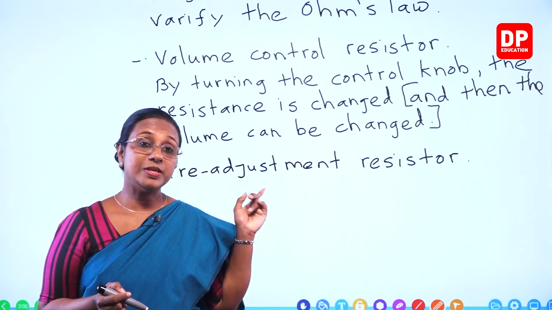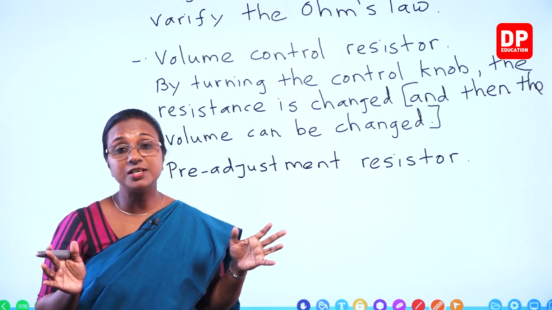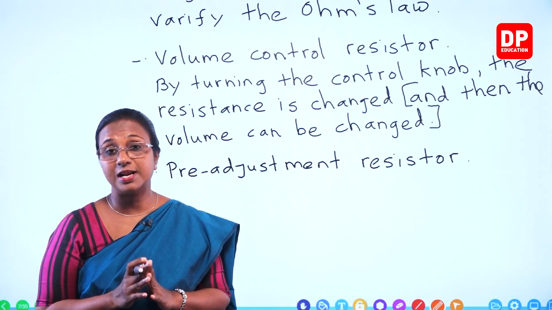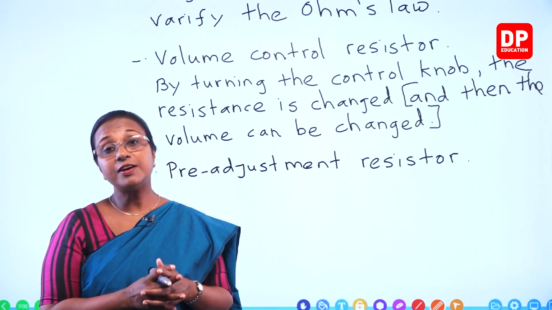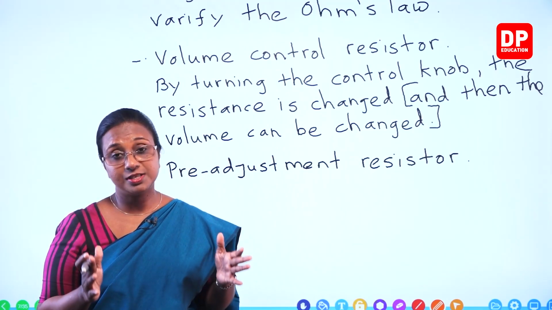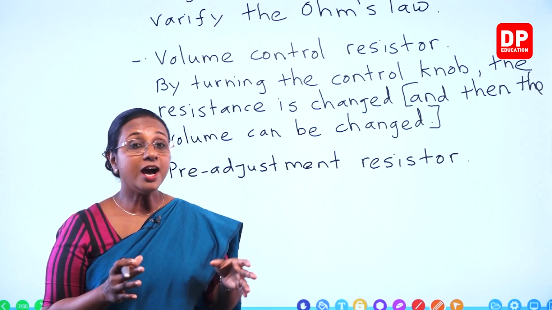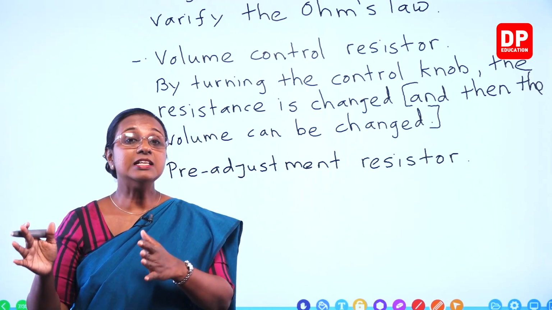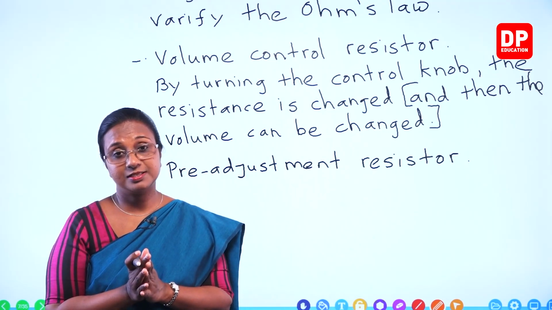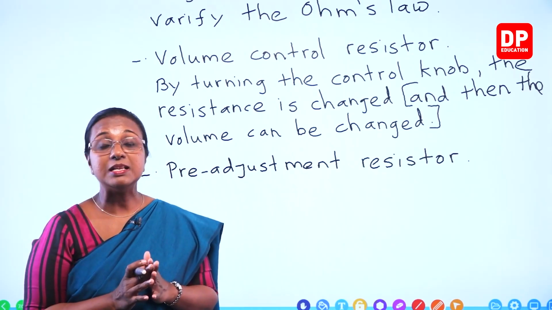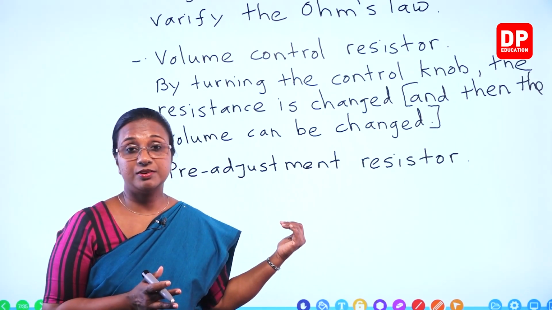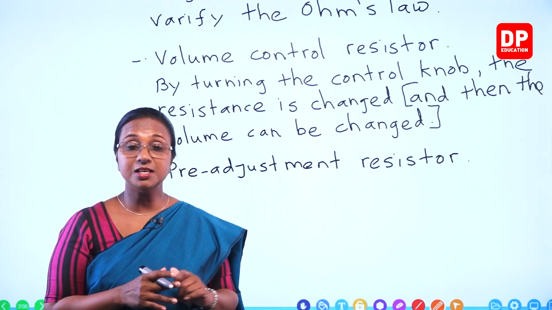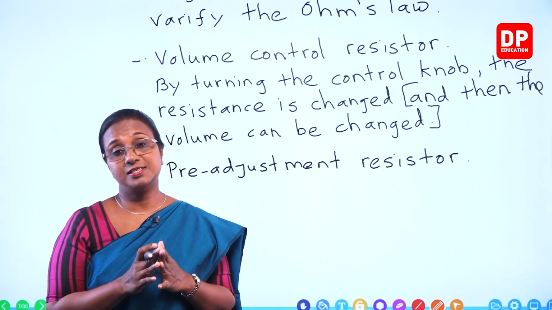Now, when we discuss fixed value resistors, you can remember, students, we use more than one resistors, combined either in a series combination or parallel combination to get a different value for the equivalent resistance. So there, by using the resistors you have, you can only get a certain equivalent resistance. In a similar manner, if you use a pre-adjustment resistor, you can use just one pre-adjustment resistor to get a range of resistances.